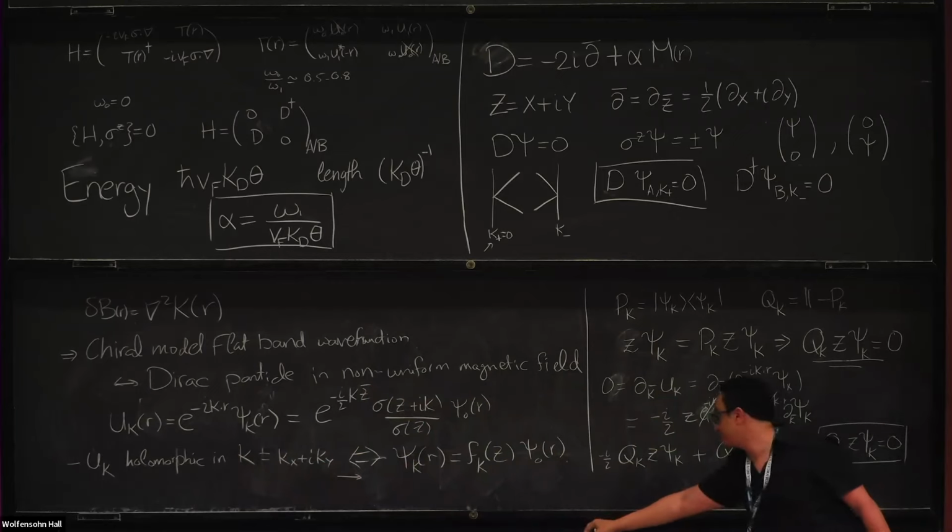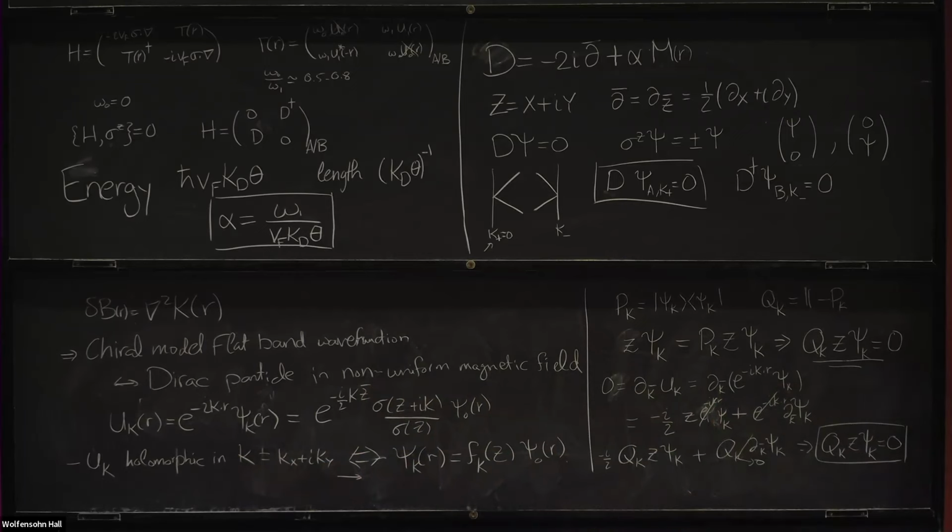To do the opposite direction... E of k z times psi of k. Here, this row. When you multiply psi of k by z, doesn't it go to a different momentum sector generally? Well, if you multiply, it will have some weight on that momentum sector, and the statement is that it stays in the full band.